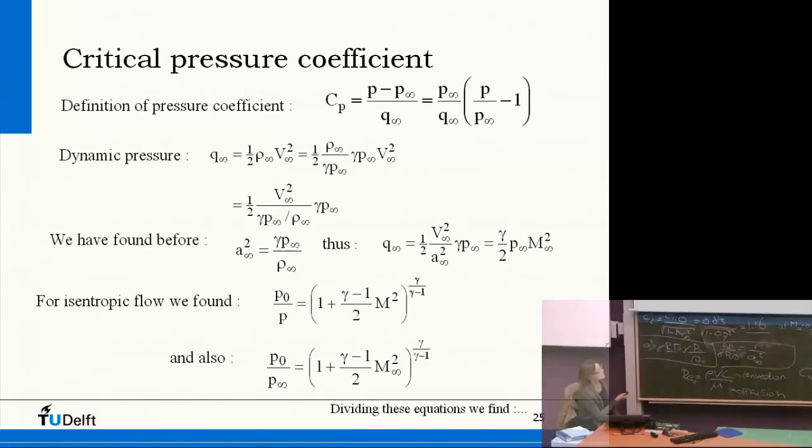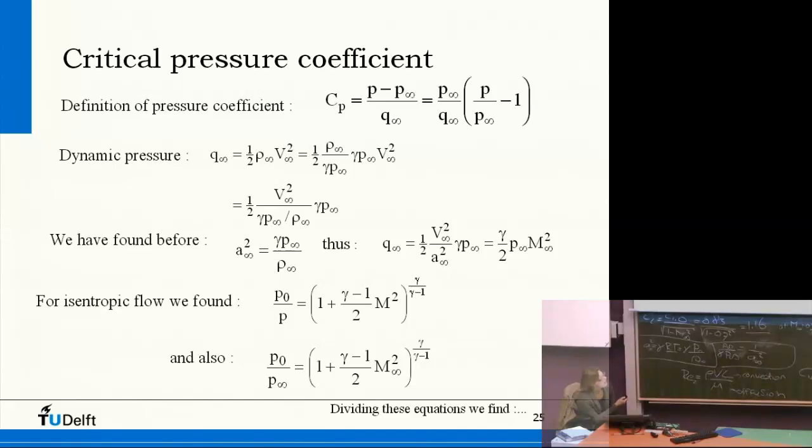What I then need is the isentropic flow relations, and I'm going to use two isentropic flow relations relating pressures to Mach numbers. I want to get a nice Cp critical as a function of Mach number. Well, I have these, but here I have the stagnation pressure, and I don't have the stagnation pressure anywhere here.